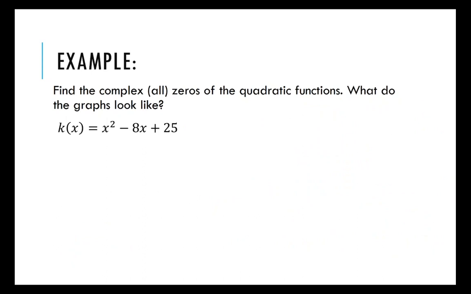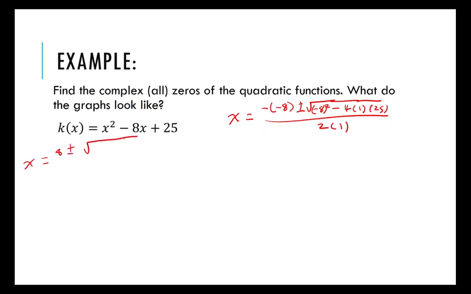Now we want to find all the zeros of this quadratic function and then describe the graph. So x squared minus 8x plus 25, if we use the quadratic formula, that is x is equal to -b plus or minus the square root of b squared minus 4 times a times c, all divided by 2 times a. We then get our x values are 8 plus or minus the square root of 64 minus 100, all divided by 2.